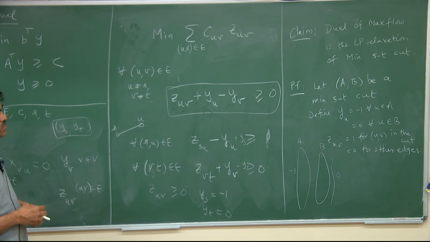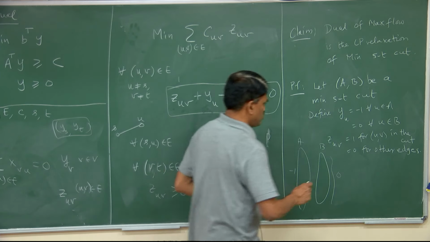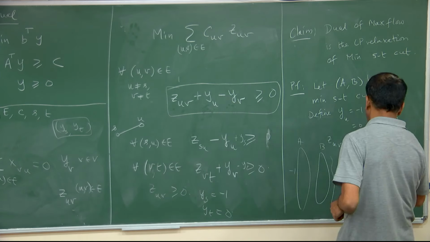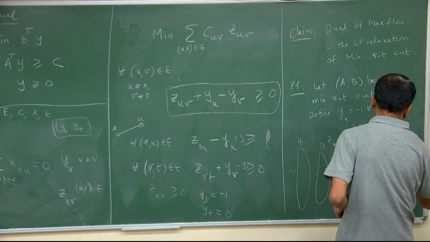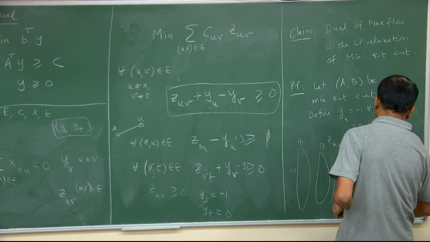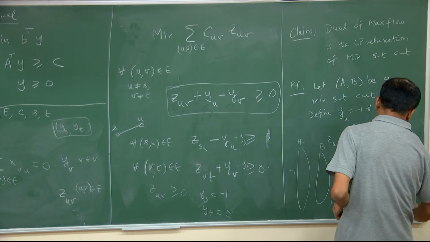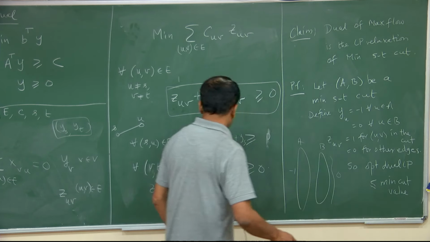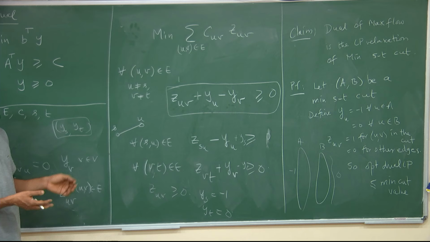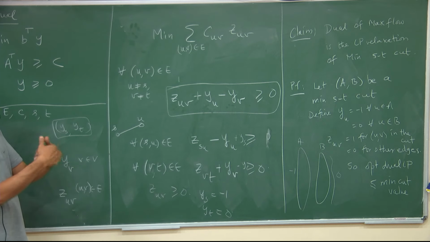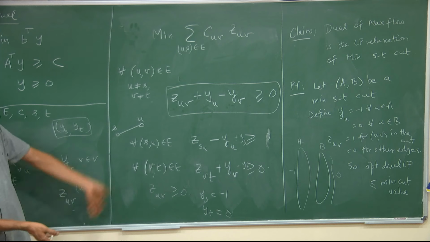So opt of the dual LP is less than or equal to min cut. Right? Because min ST cut is a feasible solution here. If you give me a min ST cut, I can convert it into a feasible solution that satisfies all the constraints.